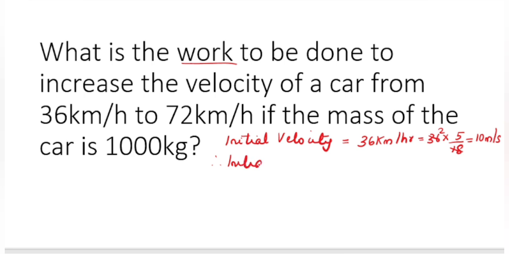The initial kinetic energy we can find out from half mv square. Mass is not going to change, so it is half into 1000 into 10 square. So half into 1000 into 10 square is 100, so we get 50,000 joules.